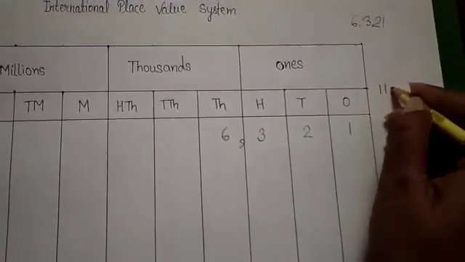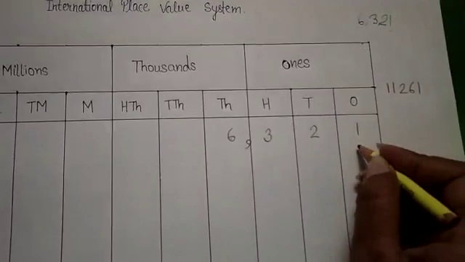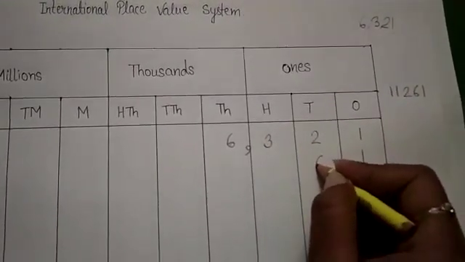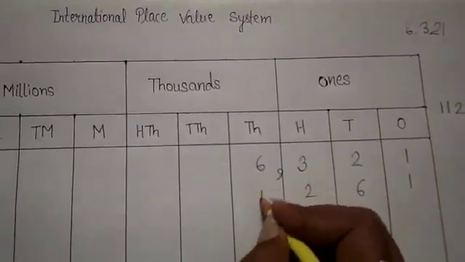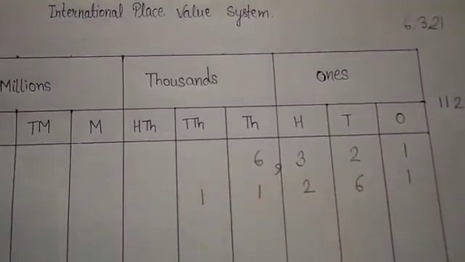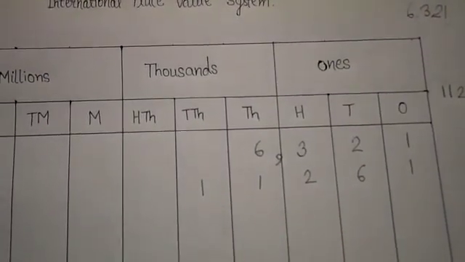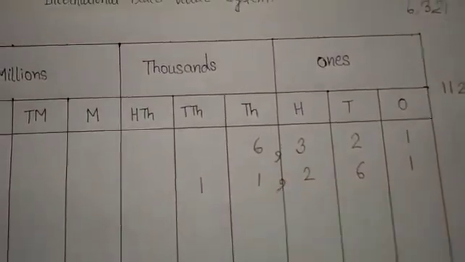Let us take another example. 1, 1, 2, 6, 1. 1 is on the ones place, 6 is on the tens place, 2 is on the hundred place, 1 is on the thousand place and 1 is on the 10,000 place. So the comma is placed between two periods. So place a comma after 1.